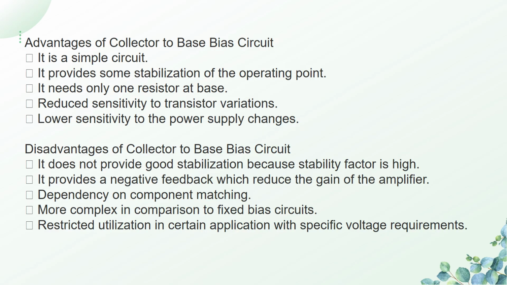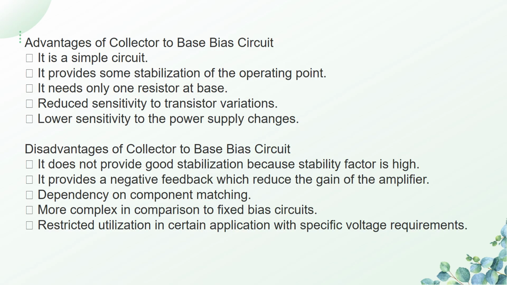As I have already told you, whenever we have a lesser value of RC, stabilization is very poor. It provides a negative feedback which reduces the gain of the amplifier. The circuit depends mostly on component matching and is more complex in comparison to the fixed bias circuit.